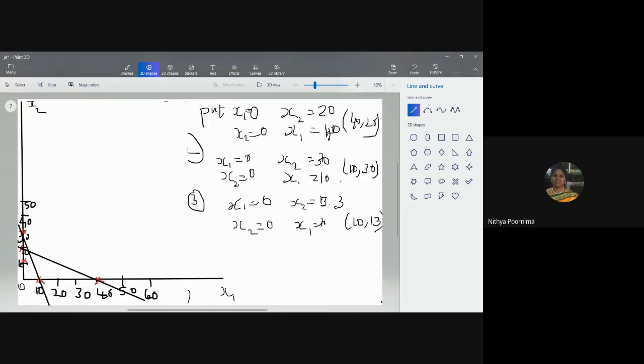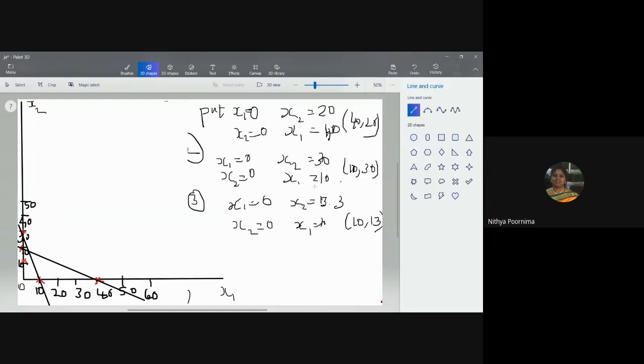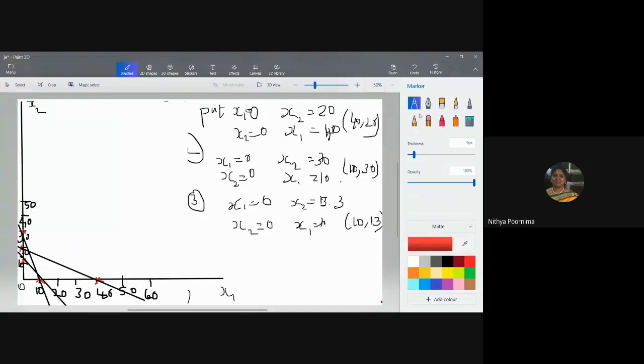Did you get like this? Next will be 10, 13. 13 is here. Did you plot these values on the graph?